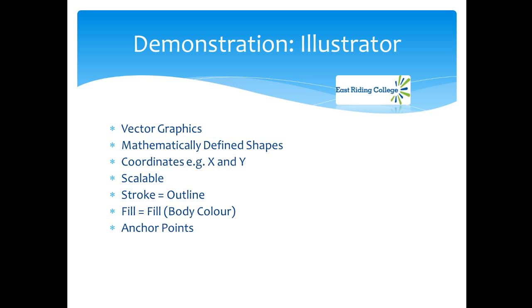And this path is basically the joining of anchor points. The anchor points define the perimeter of the shape. They define the corners or the curves, which are known as Bezier curves, a special type of mathematically defined curve.